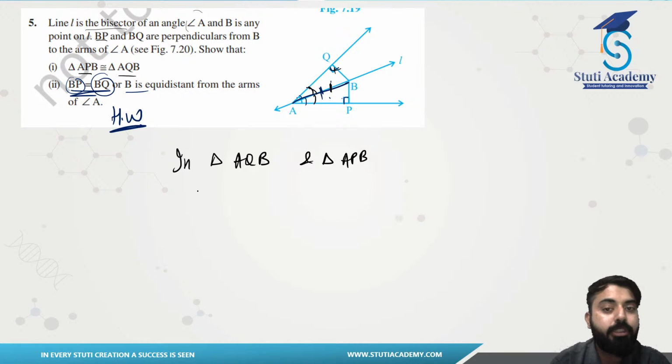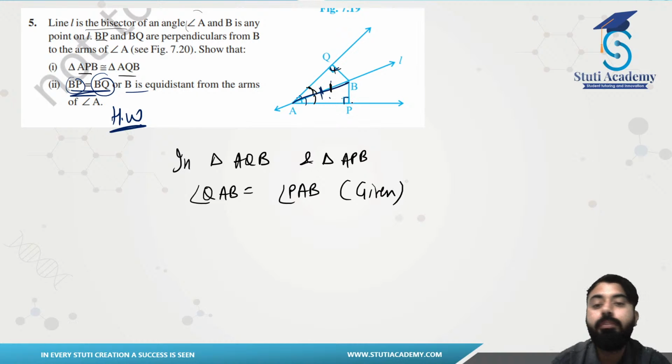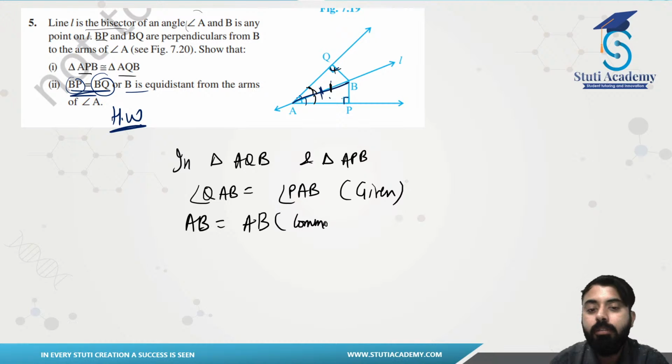So in these two triangles, I could say angle QAB was equal to angle PAB, given because L was the bisector of angle A. And AB was equal to AB, which was common. I also knew angle AQB was equal to angle APB, which was 90 each.